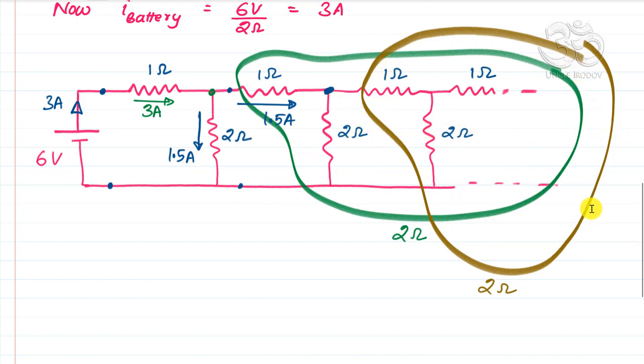So even the brown encircled part will have a 2 ohm resistance, and at the second junction here, 1.5 amps will break into 0.75 amps and 0.75 amps, and you can figure out the distribution of current in the similar manner everywhere.